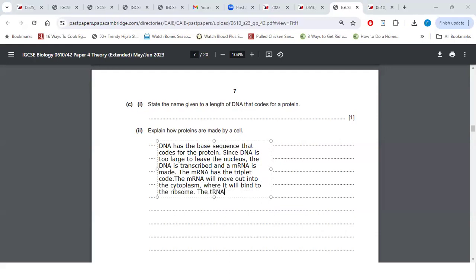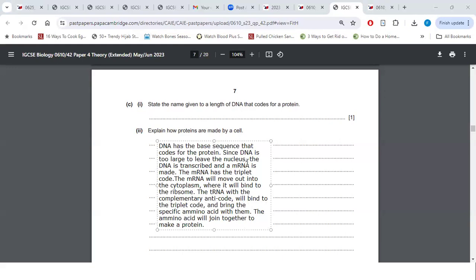The transfer RNA with the complementary anticodon will bind to the triplet code and bring the specific amino acid with them. The amino acids will join together to make a protein.